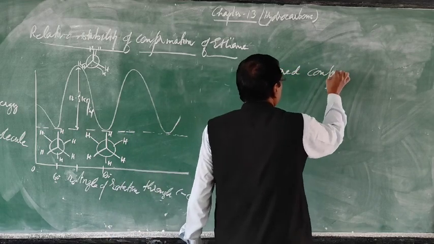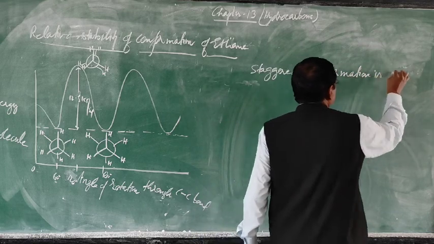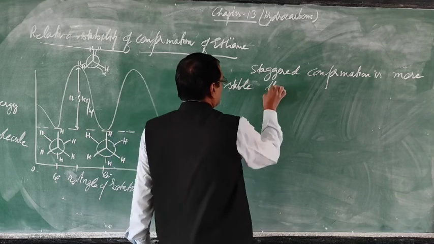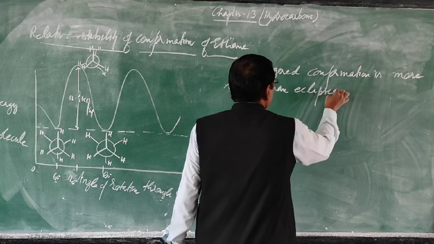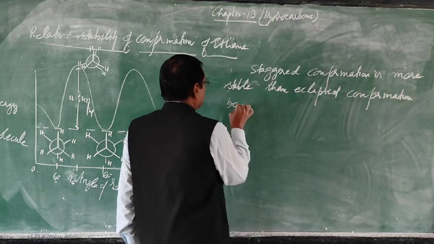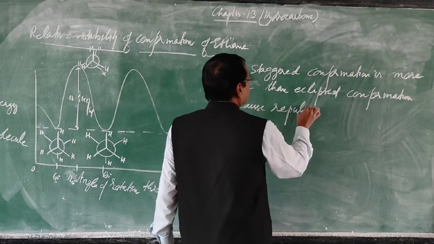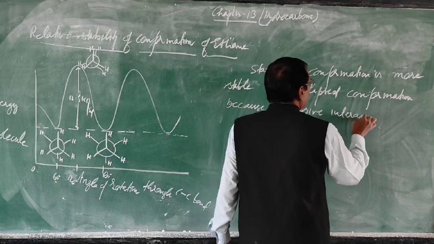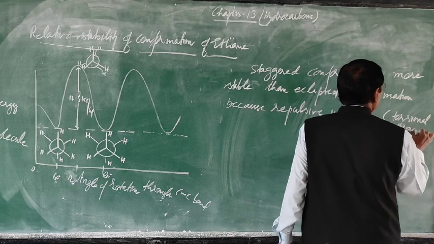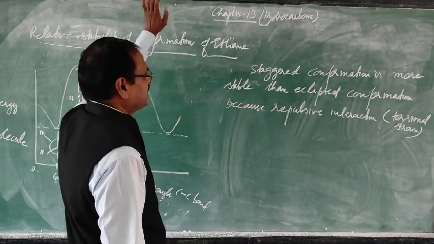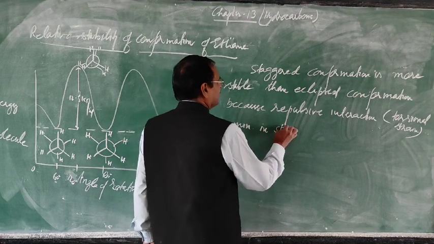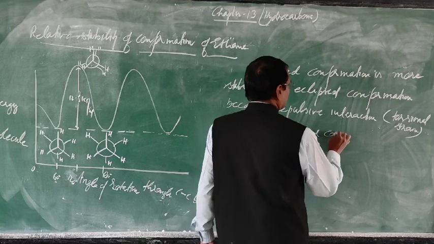Staggered conformation is more stable than eclipsed conformation because repulsive interaction, which means torsional strain, is minimum in staggered conformation.